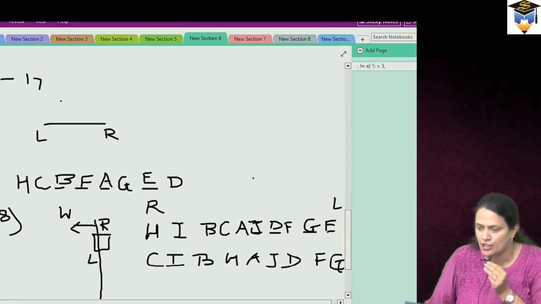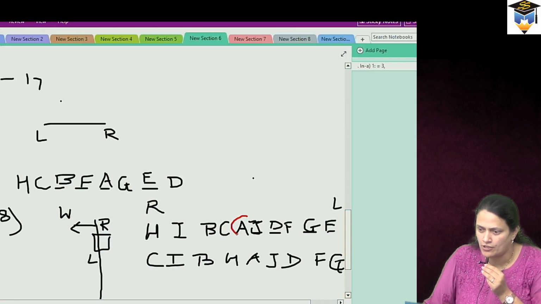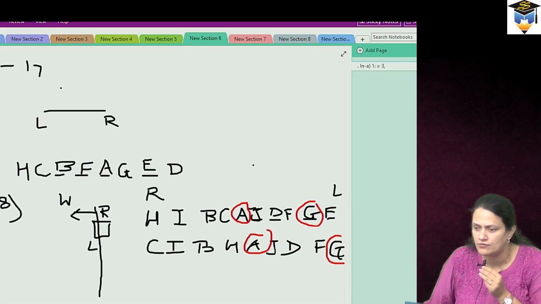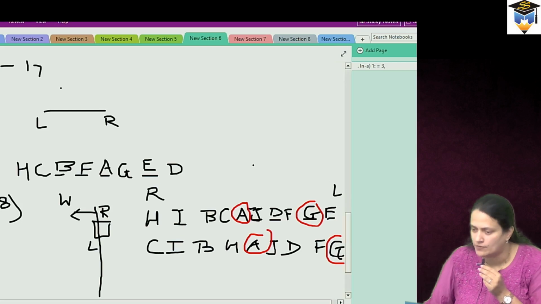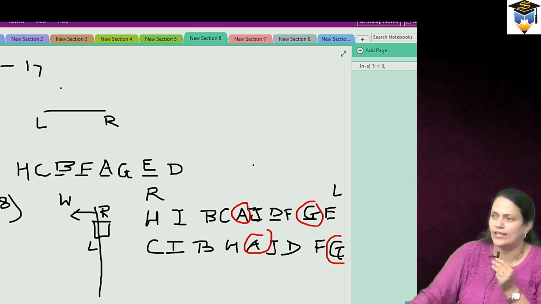22nd, if G and A interchange their positions, then who becomes the immediate neighbor of E? So A and G are interchanging. G is over here and A is over here. If they are interchanging, who becomes the immediate neighbor of E? If A and G interchange, the only neighbor is E only.